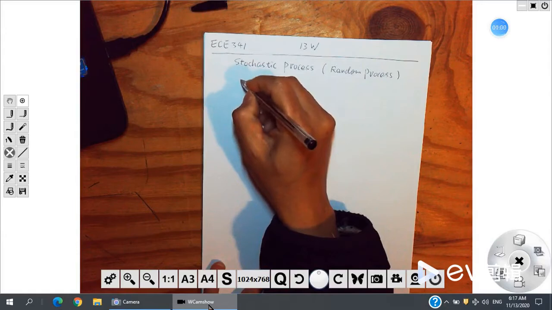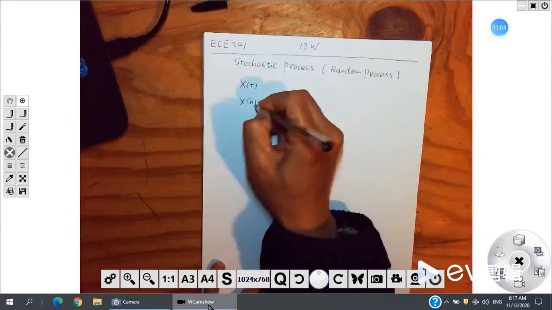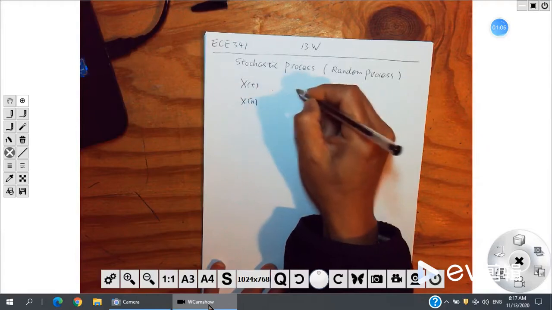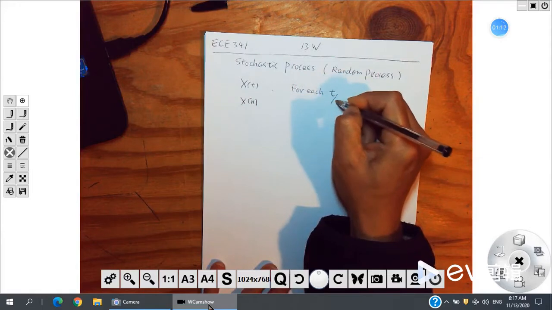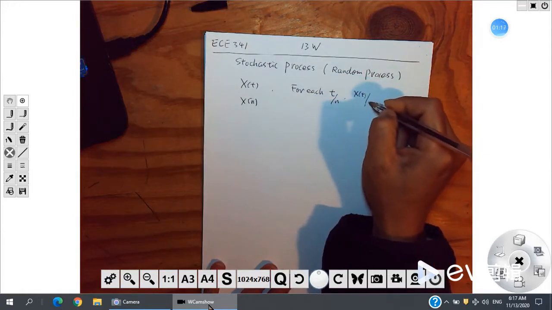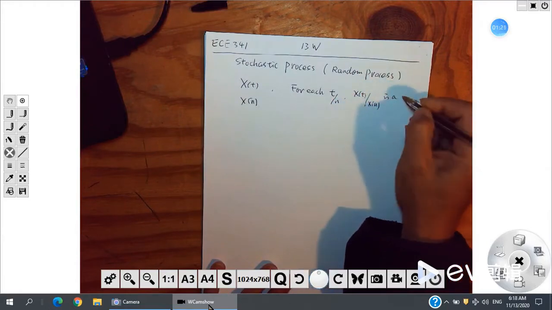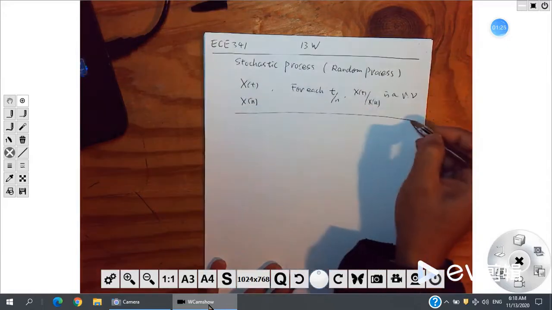So we have x of t or x of n, and for each t or n, x(t) or x(n) is a random variable. Okay, that's it. The definition just looks like this.